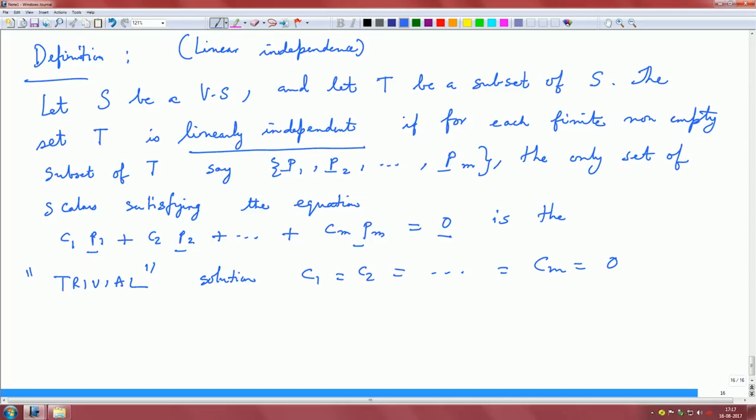So that means if we find Cis that are not all 0 such that sigma Ci Pi is 0, then this set Pi, i equals 1 to m, forms a linearly dependent set.